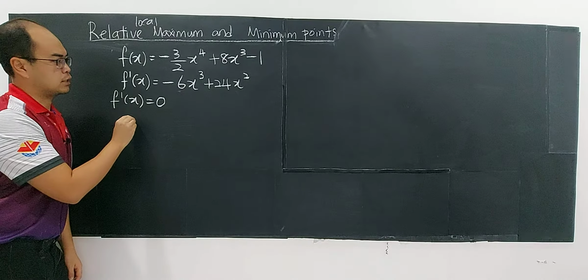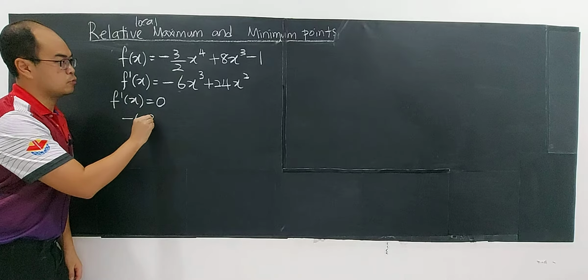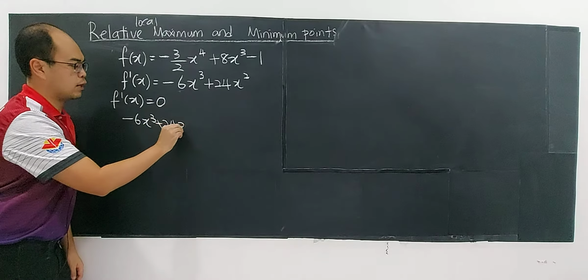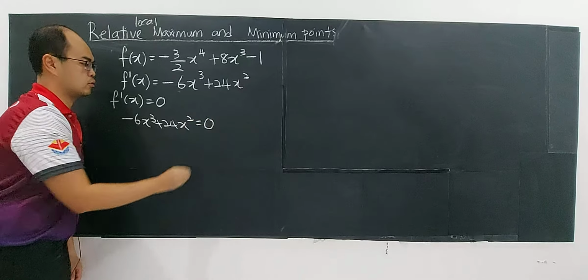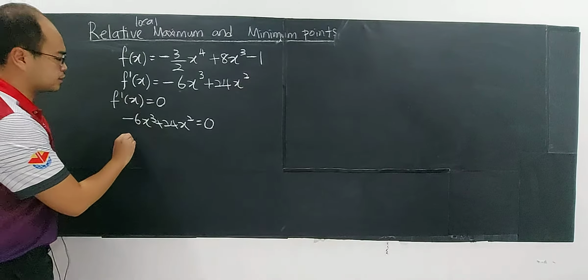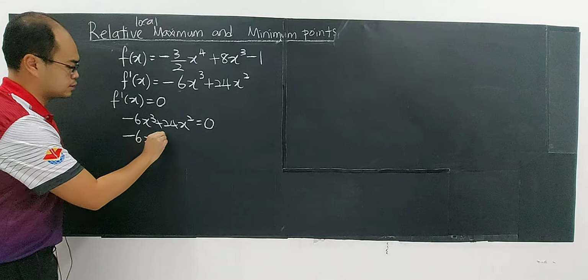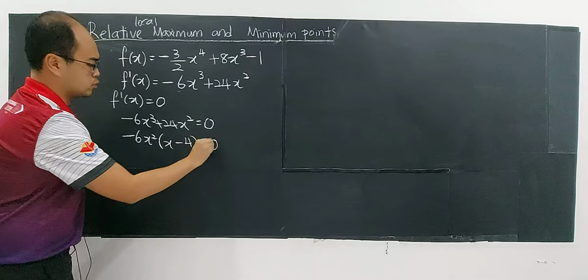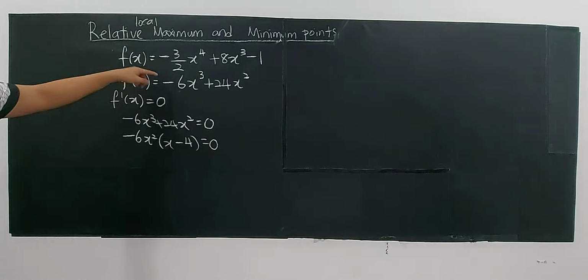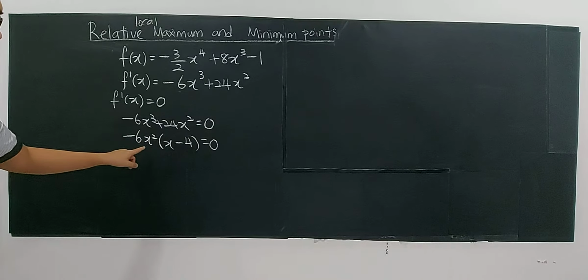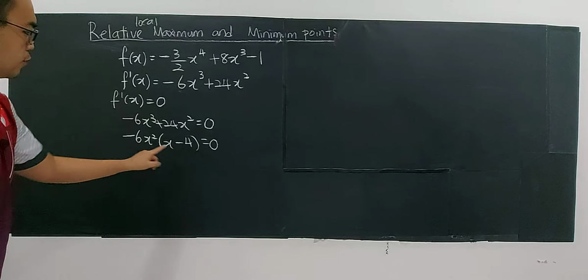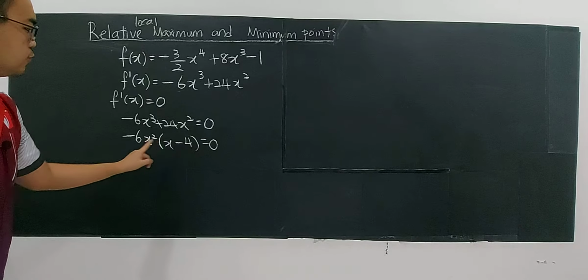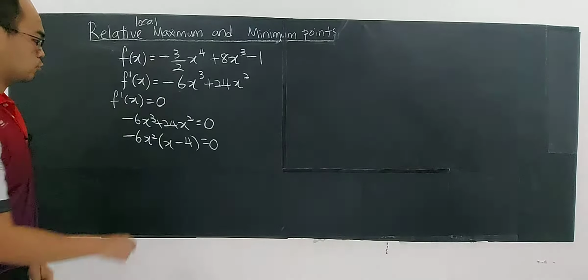So then you're taking negative 6x cubed plus 24x squared to be equal to 0. Factorize negative 6x squared, I think it's the best. You have x minus 4 equals to 0.